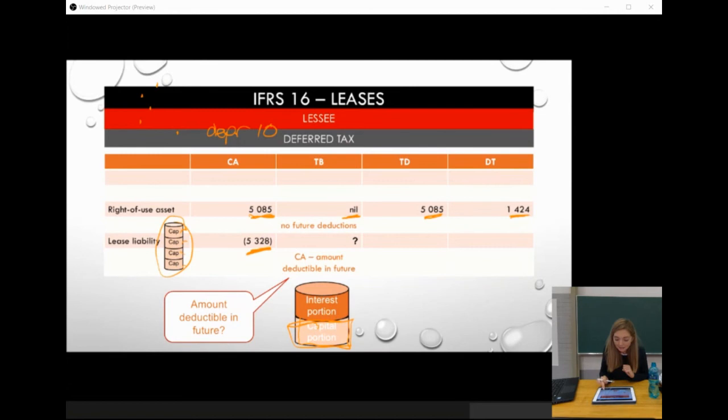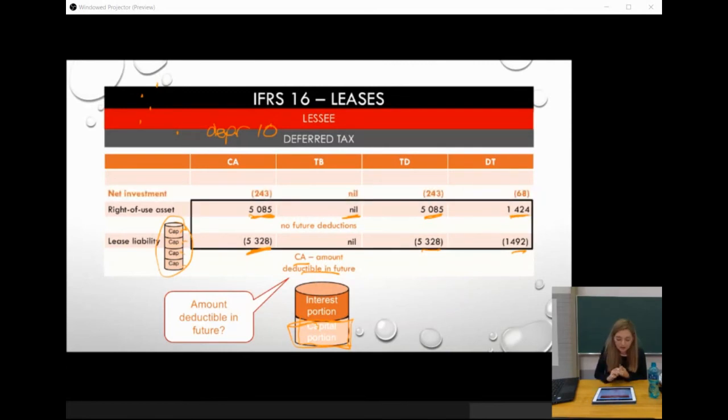That means that our tax base will be 0. Carrying amount less the carrying amount will be 0, and we have therefore a deductible temporary difference as a deferred tax asset. If you look at the net amount, you'll see that we actually have a deferred tax liability of 68.